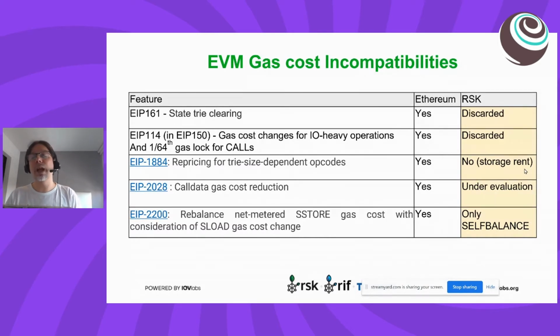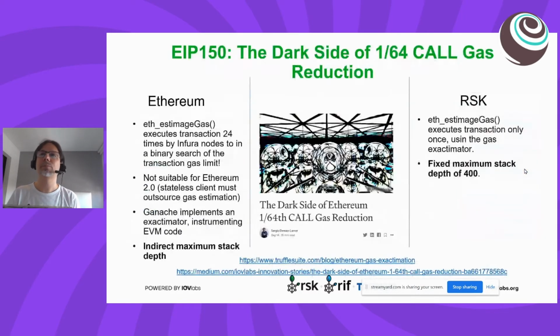Also, we have taken a different stance on the proposals to reprice the opcodes that do I/O, and we don't need to implement those EIPs, because we have a different strategy in the long term, which is implementing storage rent. If I have time, I will talk more about what storage rent is and how it will be implemented in the next hard fork of RSK.